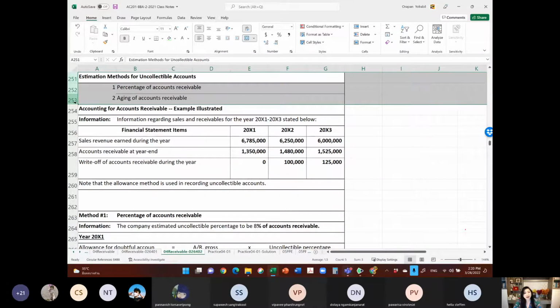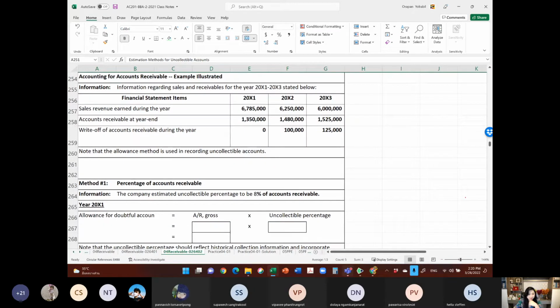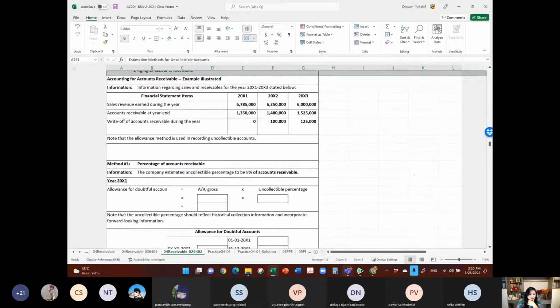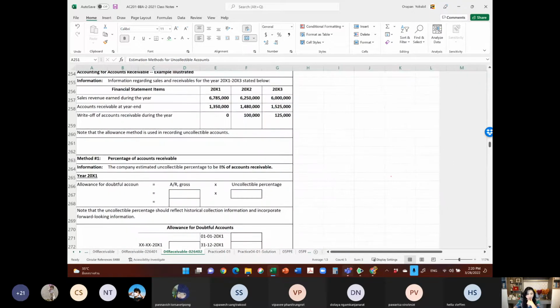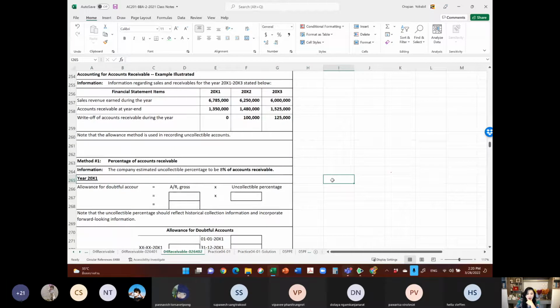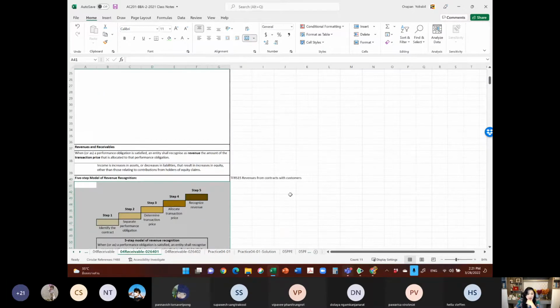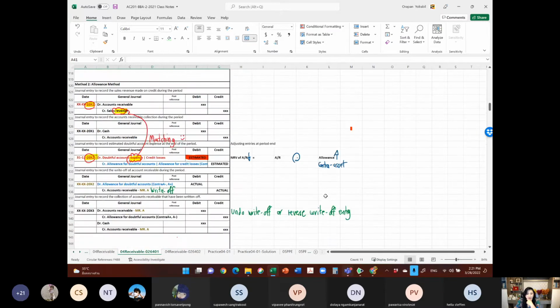And then you come back after the break for the aging. Okay, there are two methods. All right, so let's start out with the first one. For this, I will be using, let's say, 4 different colors.